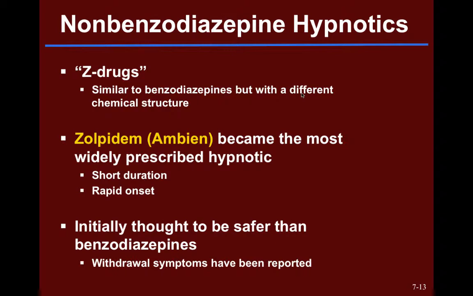And of course, what we're looking for in a sleep aid, it's got that short duration and rapid onset. And initially, we thought it would be safer than BZDs. It seemed to be, again, another safer alternative. We look at that progression from barbiturates to benzodiazepines. The Z drugs were supposed to be the next class. But we do see some reporting of withdrawal symptoms for drugs in this category.